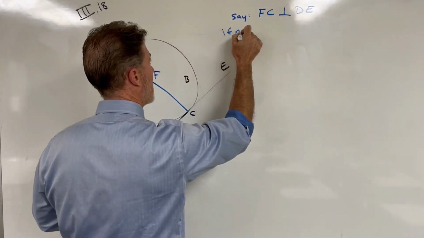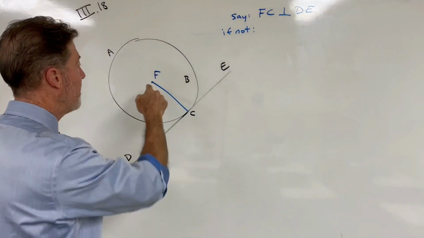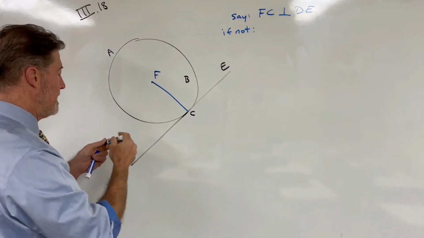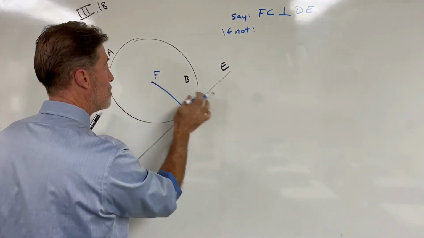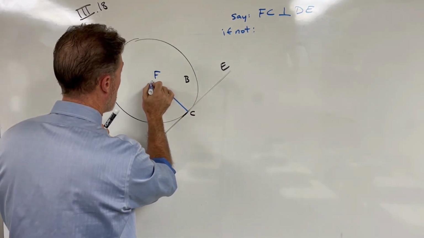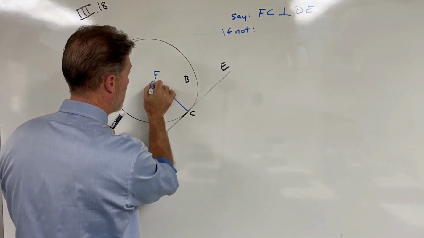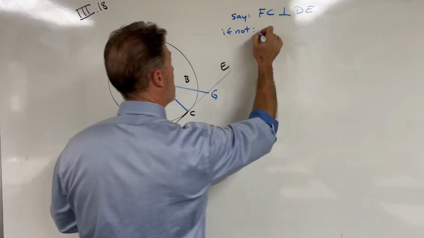And this is a proof by contradiction, so we're going to assume for the moment that that's not true. So if FC is not perpendicular to DE, then there is some other line that is perpendicular, because from any point we can draw a line perpendicular to a given line. So let's draw the line that is perpendicular. Let it be FG.